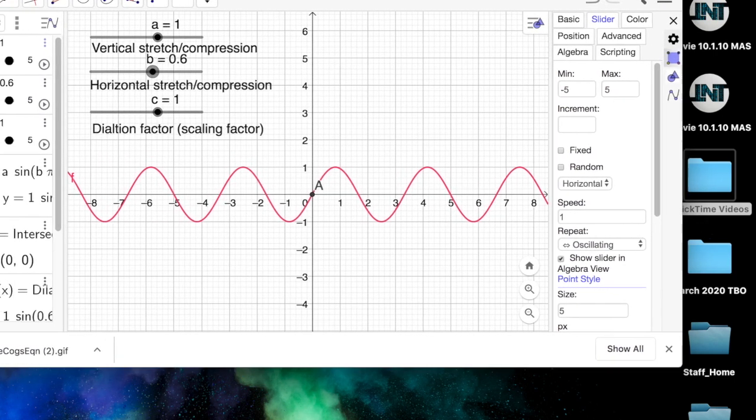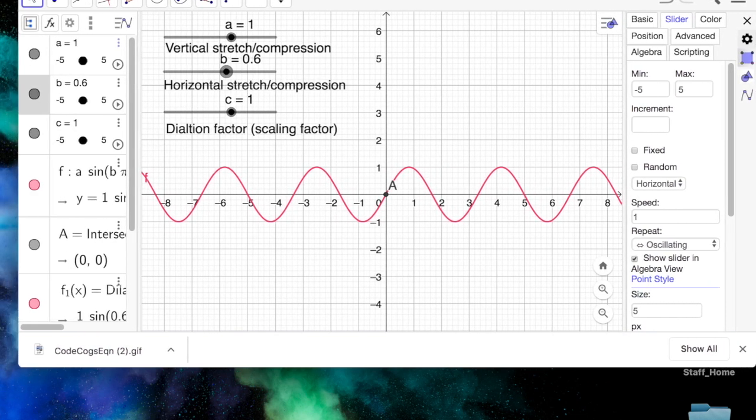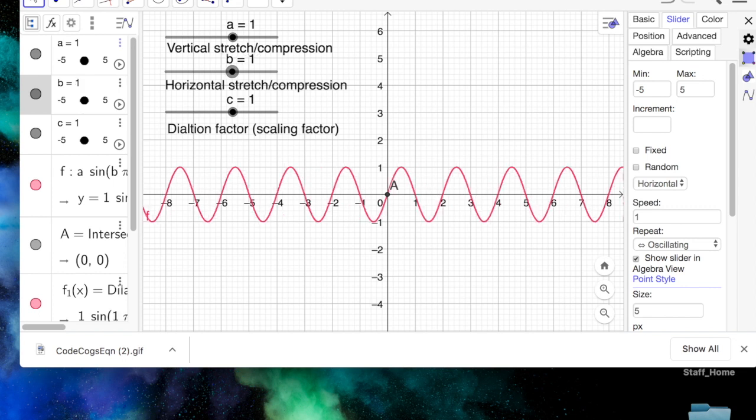In this example, I'm showing you a sine wave. We are going to be looking at sine waves in this course, even though it's not necessarily part of grade 10. I just want to show you the difference between dilating and what we call a vertical stretch and compression, horizontal stretch and compression.